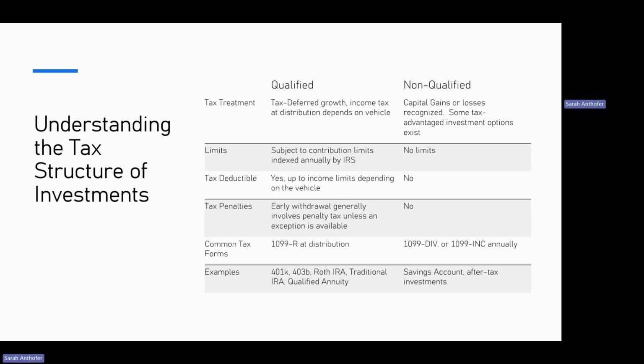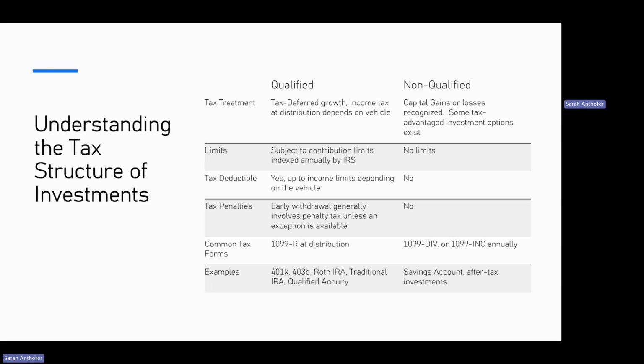I think it's really important to start here because I can't tell you the number of times I've had people say, well, my 401k has great returns. Well, the 401k itself doesn't have returns, right? It's the investment under the hood that we've chosen for that account based on our goal that has returns.